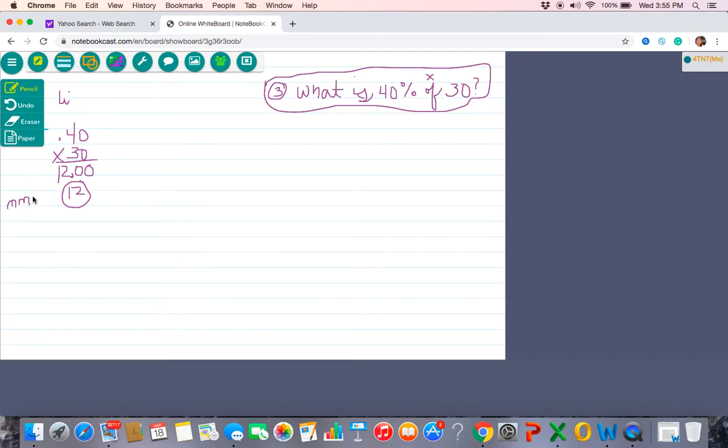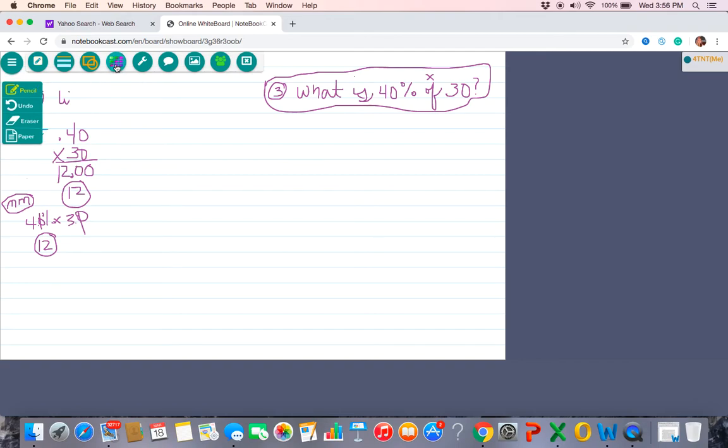So here comes my mental math: we have 40% times 30, and we take the percent, move the decimal, or take the zeros out. Remember from mental math? So then it just becomes 4 times 3, which is also, nice and easy, 12.